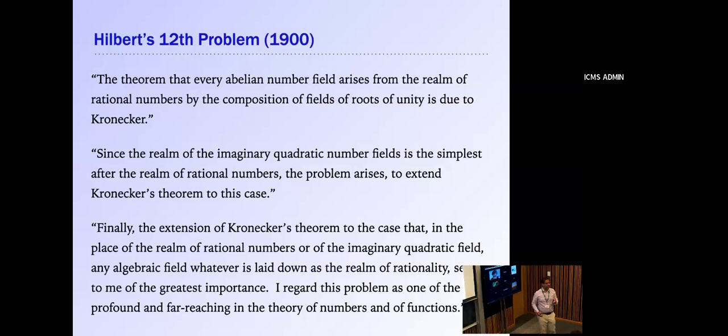He wanted something very similar to the Kronecker-Weber theorem and to Kronecker's approach for quadratic imaginary fields, where he's looking for specific complex analytic functions with special transformation properties and looking at their special values to produce these number fields. It's not particularly precise because it's written in sentences rather than in precise mathematical formulas. So what one accepts as a solution to Hilbert's 12th problem, I think, is a matter of subjective debate. But if one says more generally that we're looking for explicit class field theory, one can be more open-minded about what constitutes a solution to that problem.